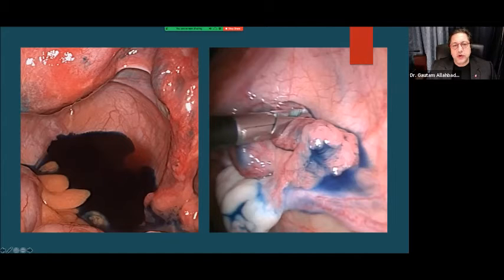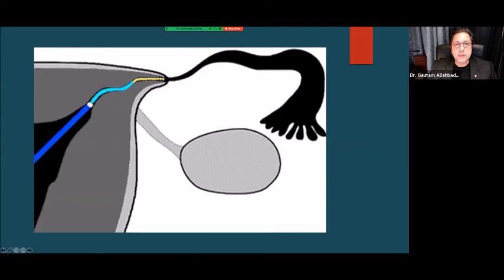So this is what all of us want to see: normal, healthy tubes where you inject the dye and it promptly gushes out like a waterfall or a fountain. And this is a very heartening picture. If it comes out very smoothly, then you know that the tube is not only open, it is most probably healthy.